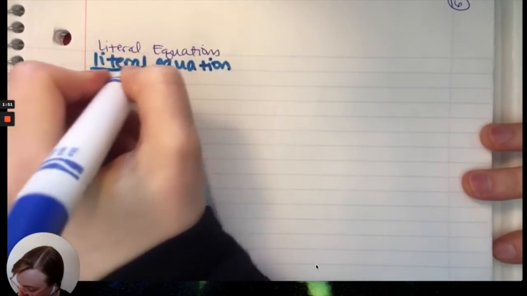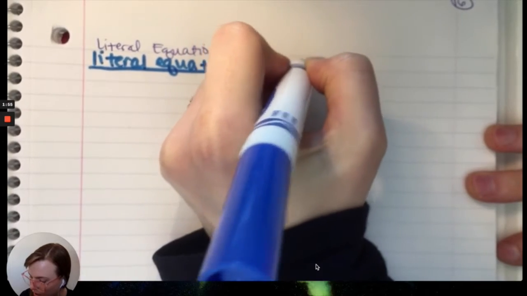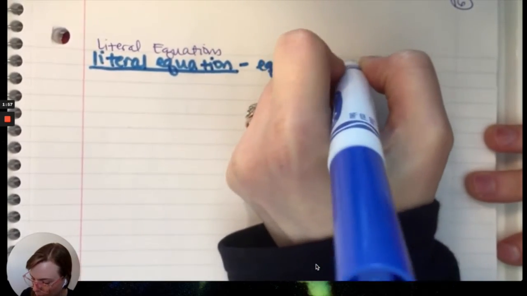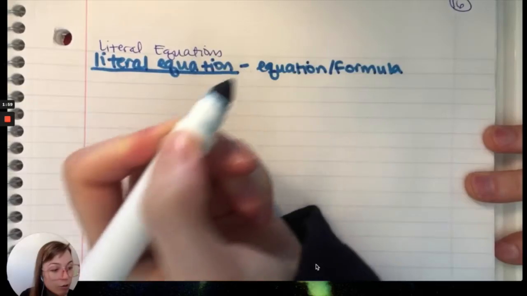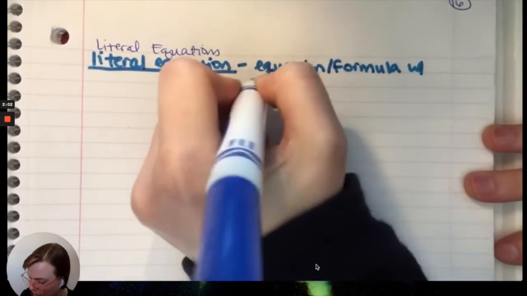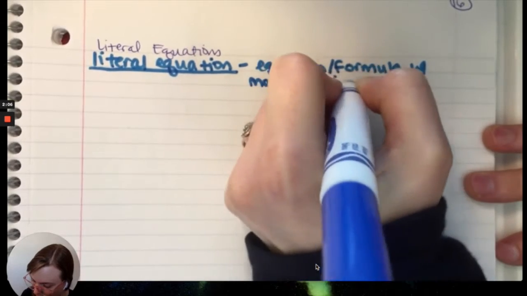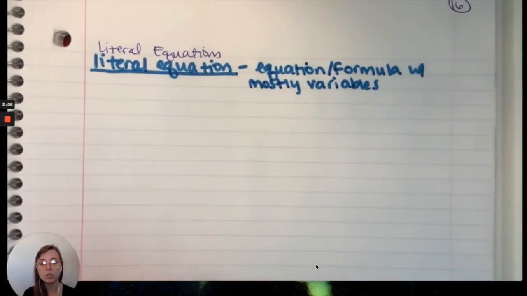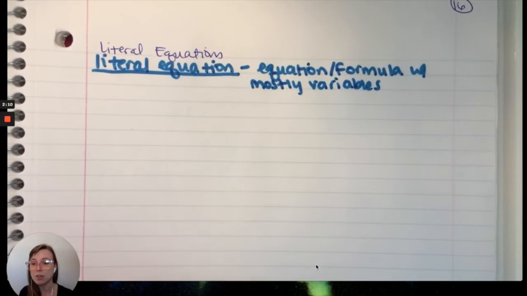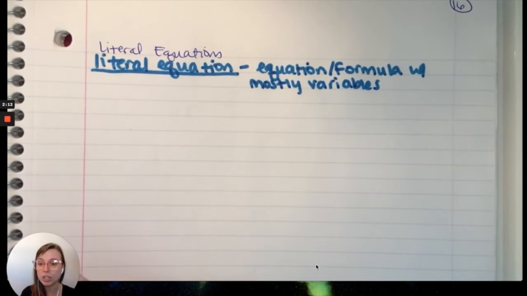A literal equation is an equation, though we typically see these mostly used for formulas, with mostly variables. We're not going to have a lot of like 2x plus 3 equals 12. It's mostly variables.